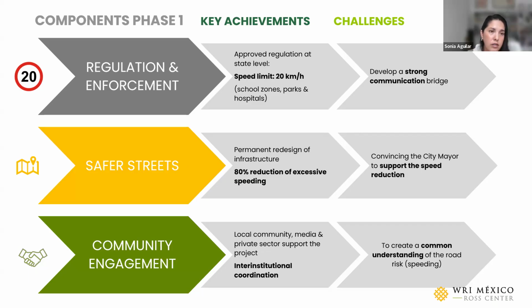Regarding the second component, the one I described in the past slide, the permanent infrastructure redesign addressing 20 kilometers per hour was implemented along these main roads. So we reduced overspeeding by more than 80% in this section of the corridor where we have this infrastructure redesign.